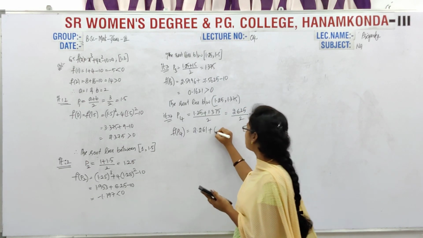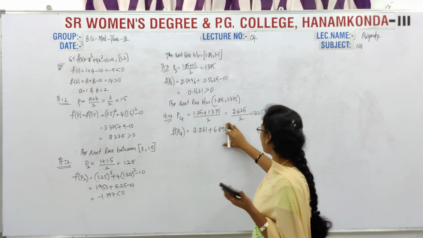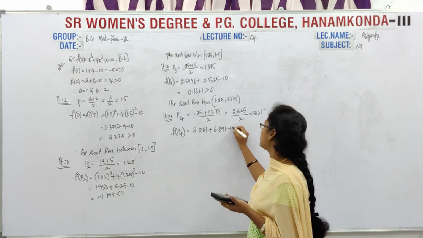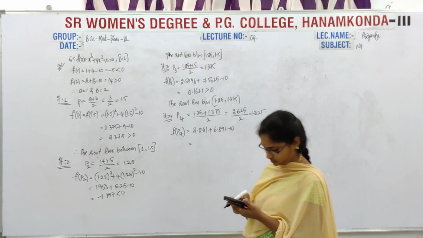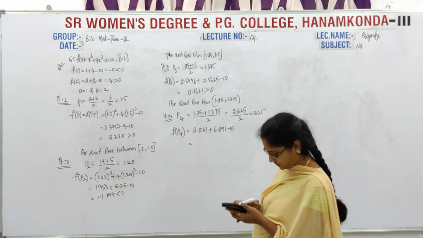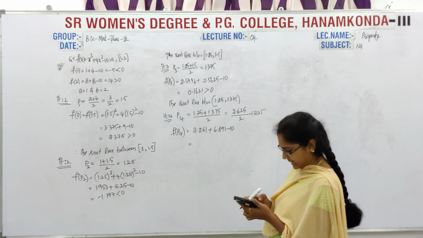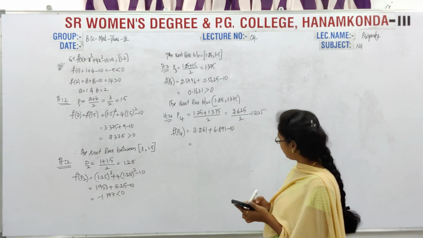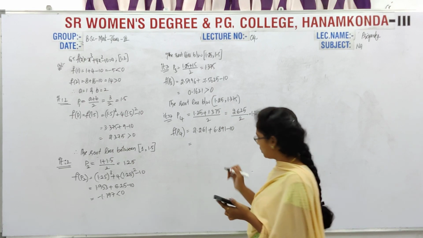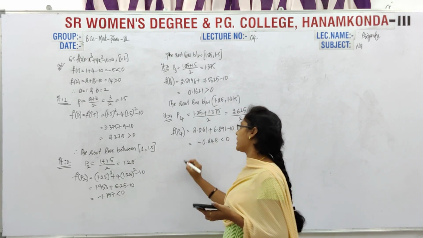So now it is 6.8906 we have. So here I am taking that 1 minus 10. So now directly 2.261 plus 6.891 minus 10 is minus 0.848, which is less than 0 again.